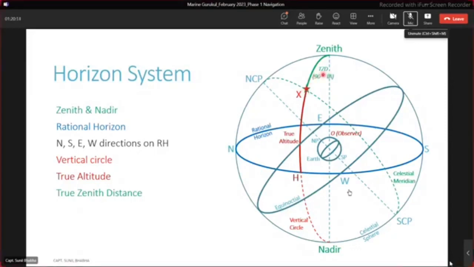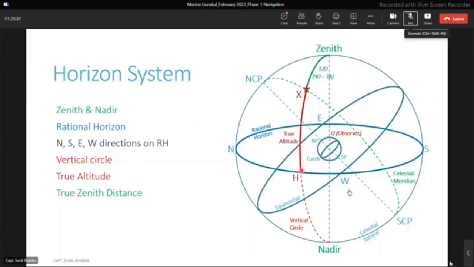So you can see it labeled in the diagram. The true zenith distance of the body equals 90 minus true altitude. In other words, you can say the true zenith distance plus the true altitude of a body always add up to 90 degrees.